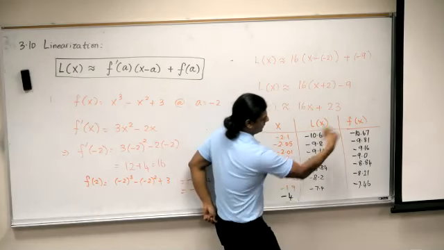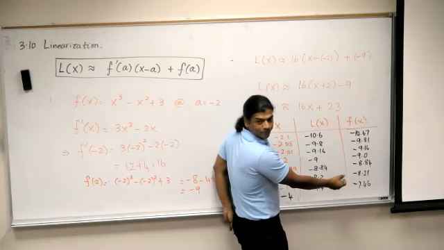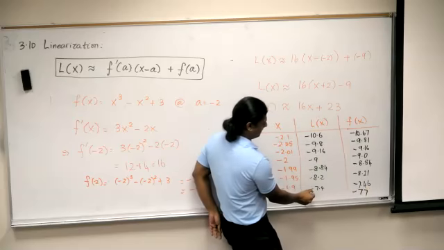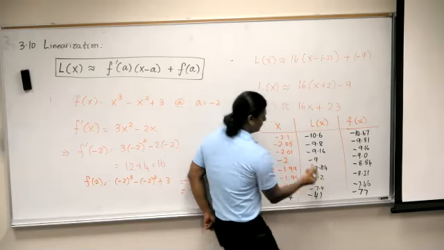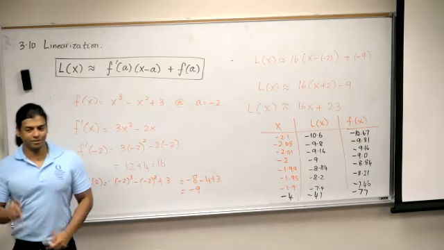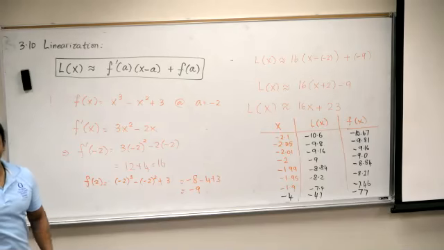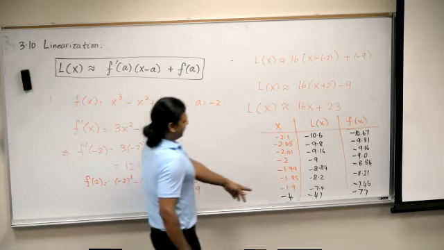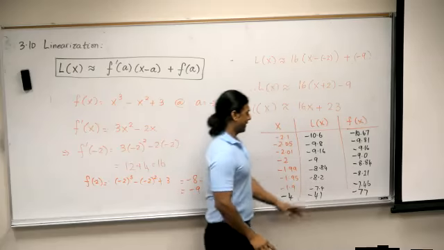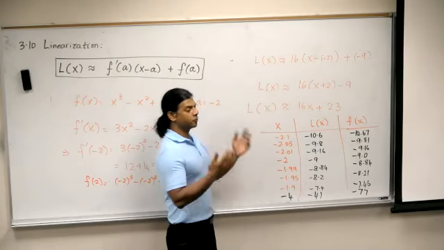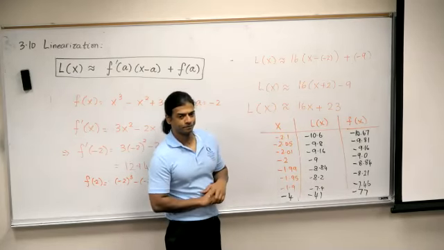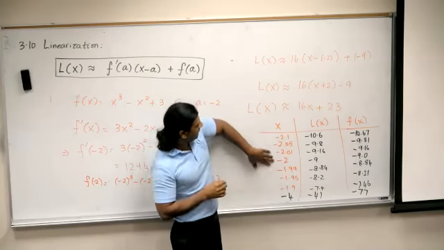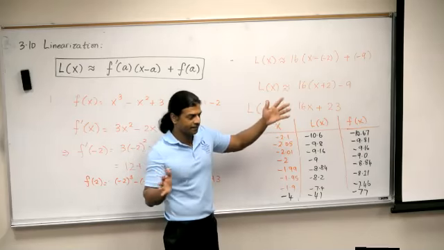For the original function, -77; for the approximation, -41. Is it a good approximation? Absolutely not. -41, -77, nowhere close. Why did it happen? It's far away. We went really far away from -2.